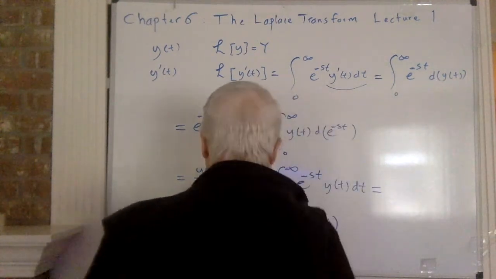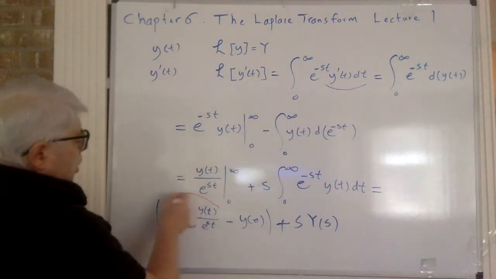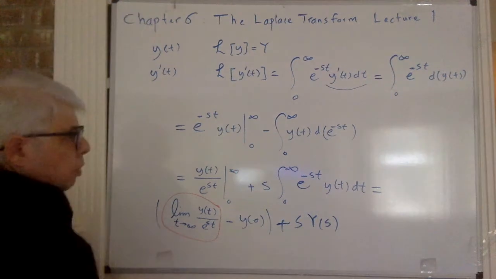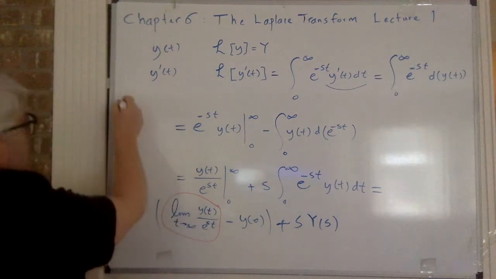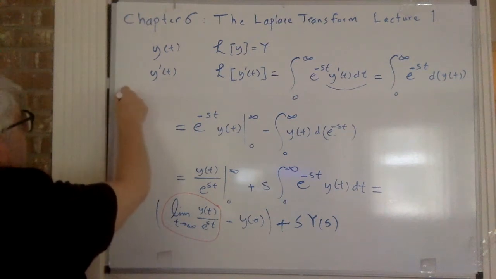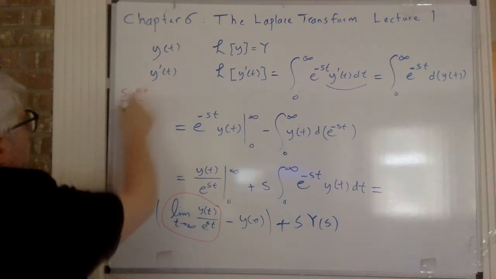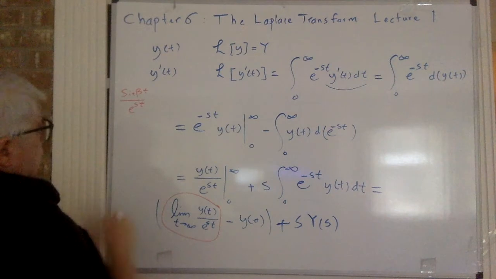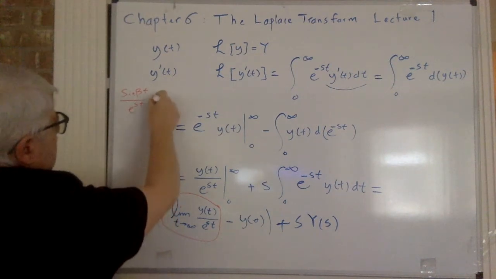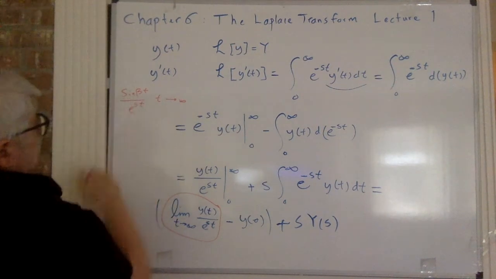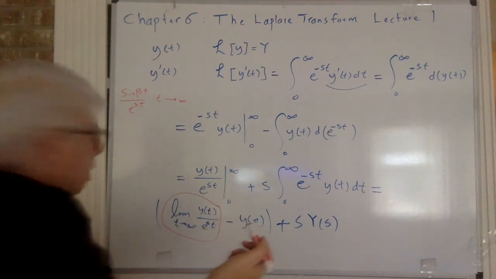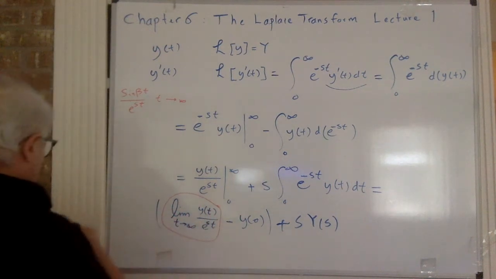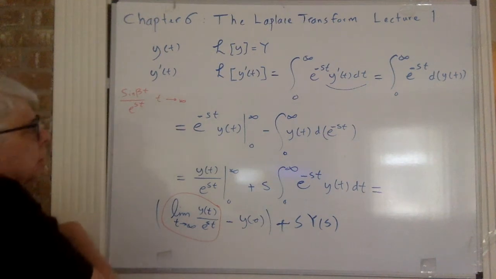I don't like this. Remember when I was finding the Laplace transform of sine? Well, it was fine. I had something like this. I had, in fact, sine beta t over e^st, right? When t goes to infinity. And I said, look, when t goes to infinity, I don't care what sine is. Sine is a function between -1 and 1, so it is bounded.